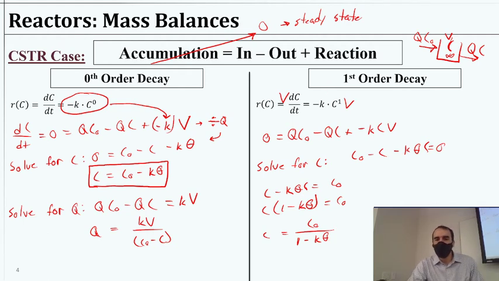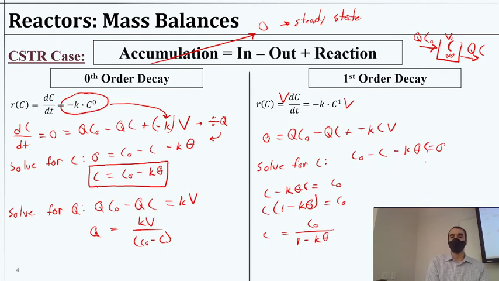Anybody see my error? Oh, yeah, okay. So we have this C naught minus C, and I took that to the other side.